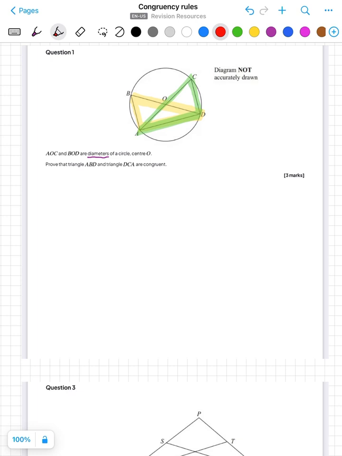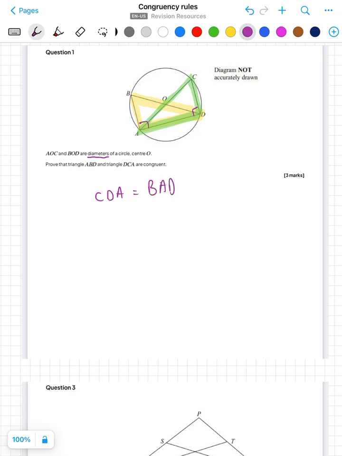So AOC is a diameter. So what we know about diameters from circle theorems is that angles in a semicircle are 90 degrees. So that is to say angle CDA and angle BAD are 90 degrees because angles in semicircles are 90 degrees. And we know it's a semicircle because we have a diameter.